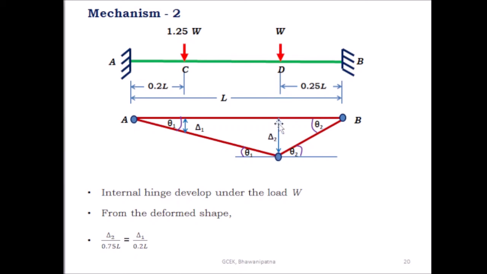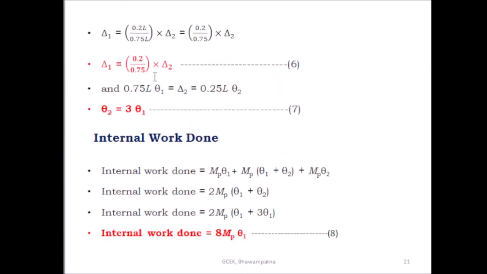So delta 2 by 0.75 L is equal to delta 1 divided by 0.2 L. Then from this relation we get delta 1 is equal to 0.2 divided by 0.75 into delta 2. This is the relation between delta 1 and delta 2.